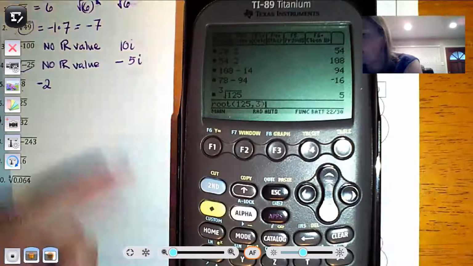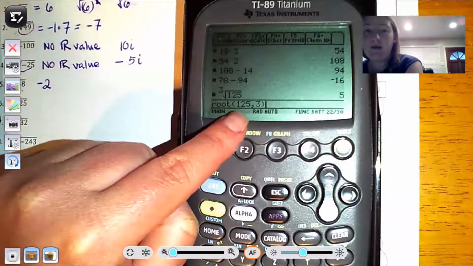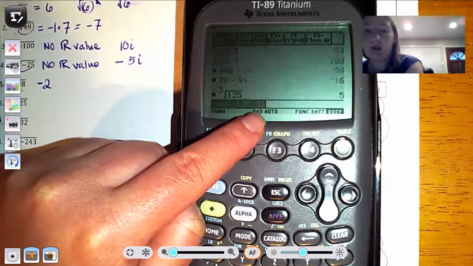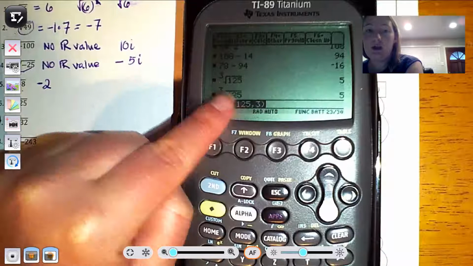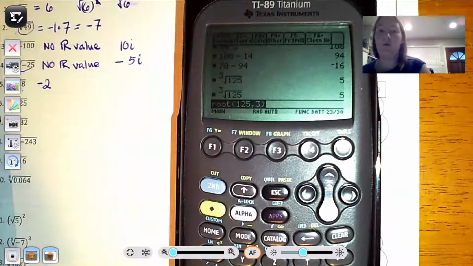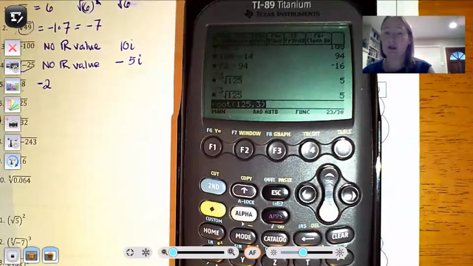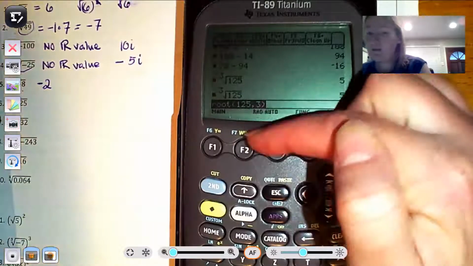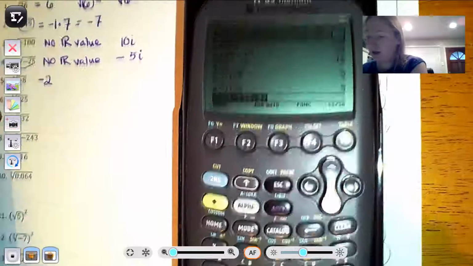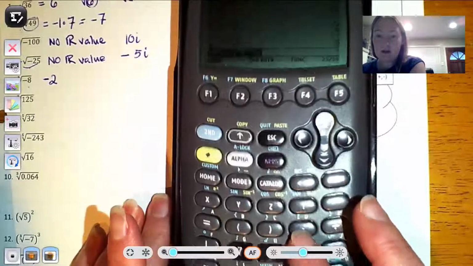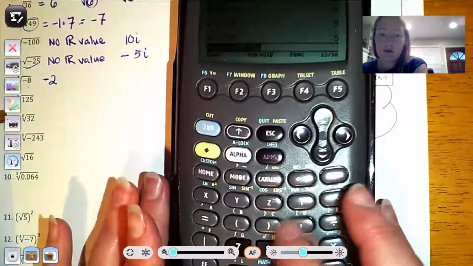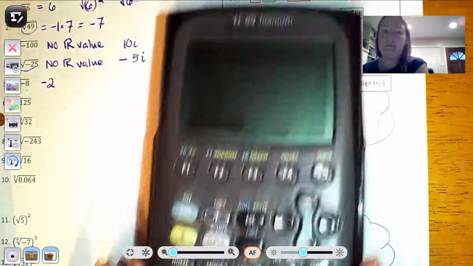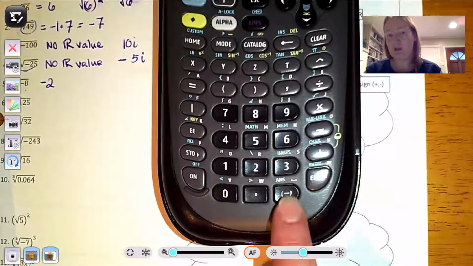So that would mean you want the radicand to be 125, and you want the index to be 3, and you can double check that you put it in the right direction when you hit enter, and it tells you the answer. So again, you do need a comma in between, which is here by the 9. There's the comma, and you also need to end your parentheses on the 89. And if you ever need a negative, just like on the scientific, it's down here.